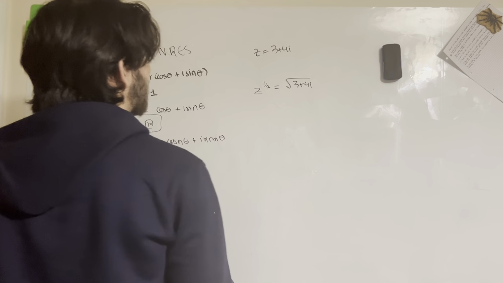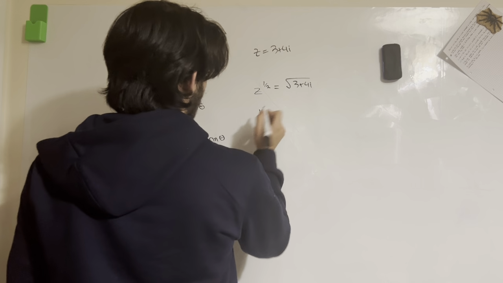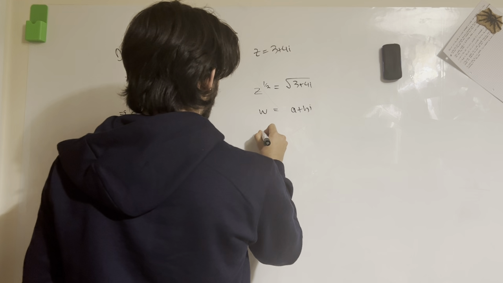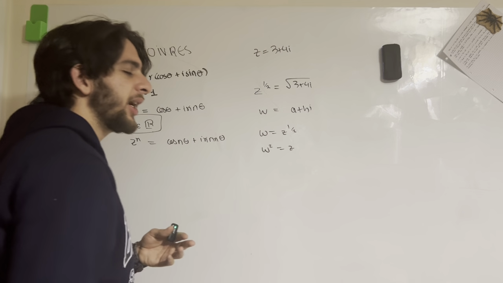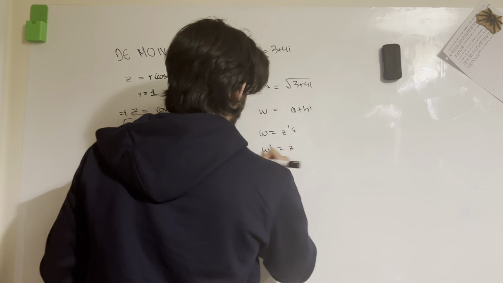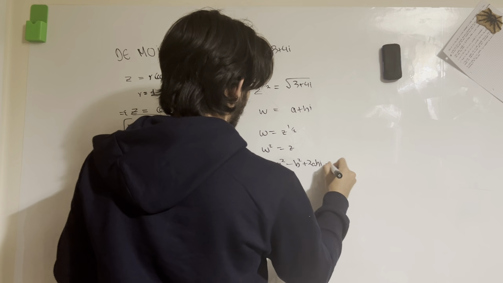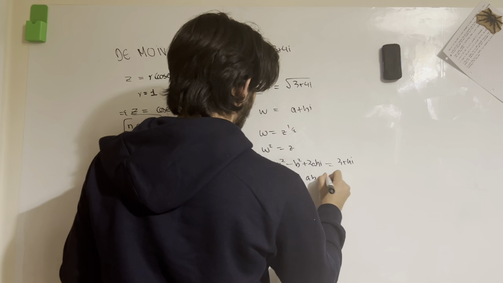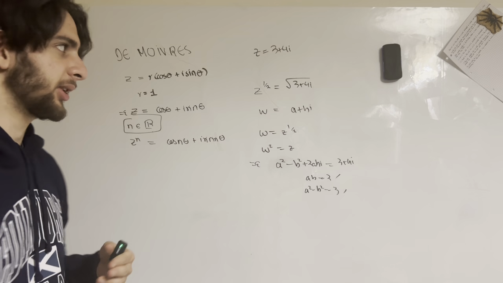First of all is the algebra-heavy method where you say there's another complex number w, which is a plus bi, then w equals square root of z, and if you square both sides you get w squared equals z. Substitute in and expand outwards, and you get this expression, and then you have 3 plus 4i over here, ab equals 2, a squared minus b squared equals 3, and then it's just a case of solving simultaneous equations.